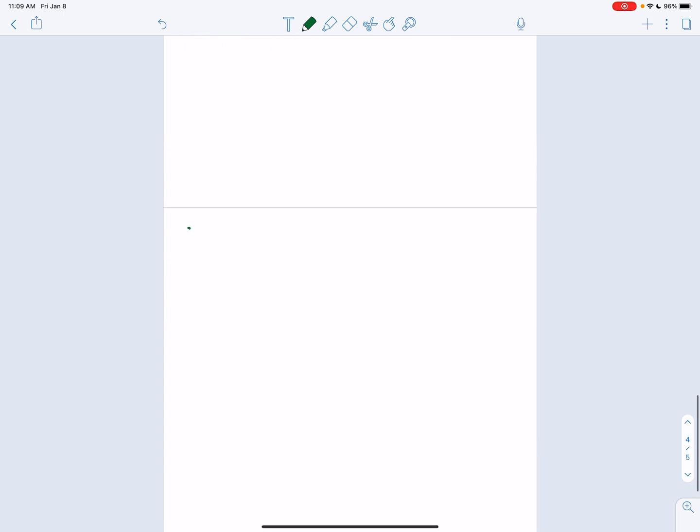Here we go. Here's part C. Let's say we had this right triangle. Okay? And let's say I gave you side lengths, okay.